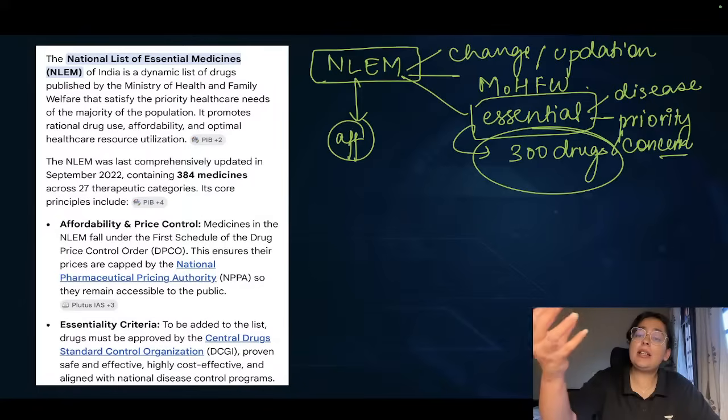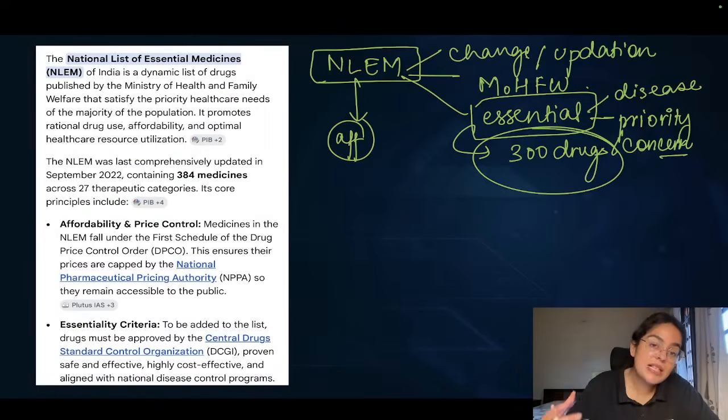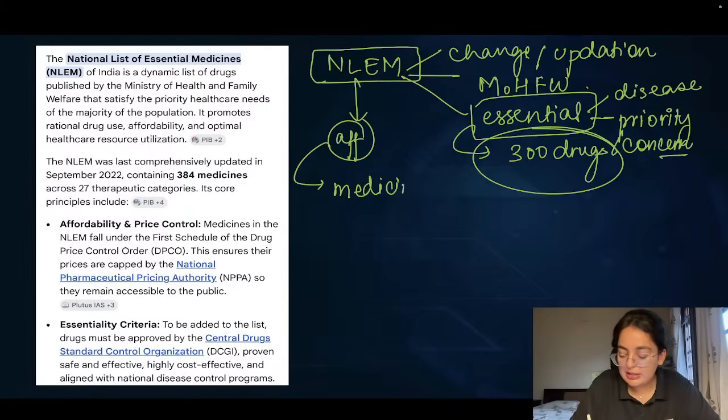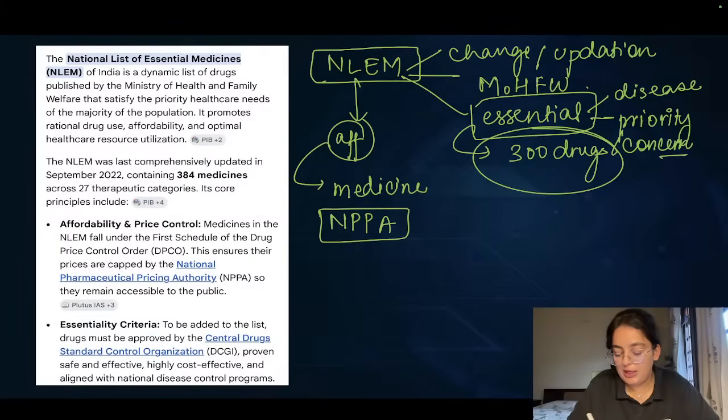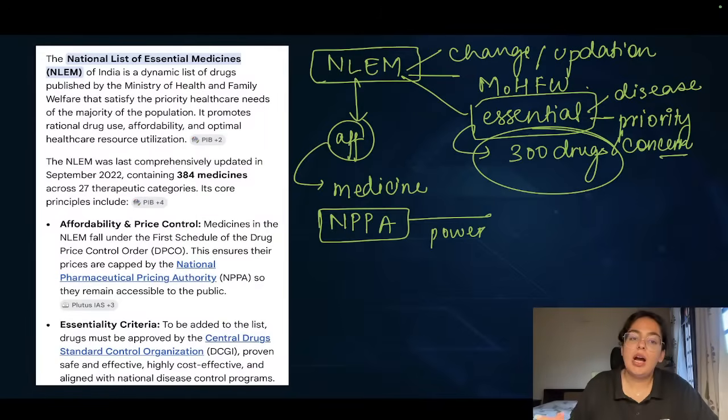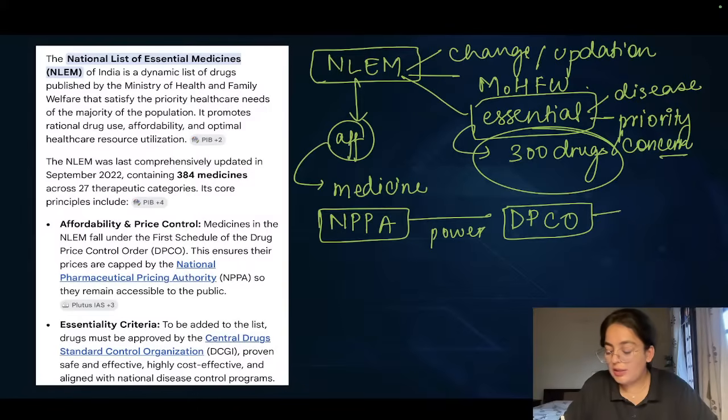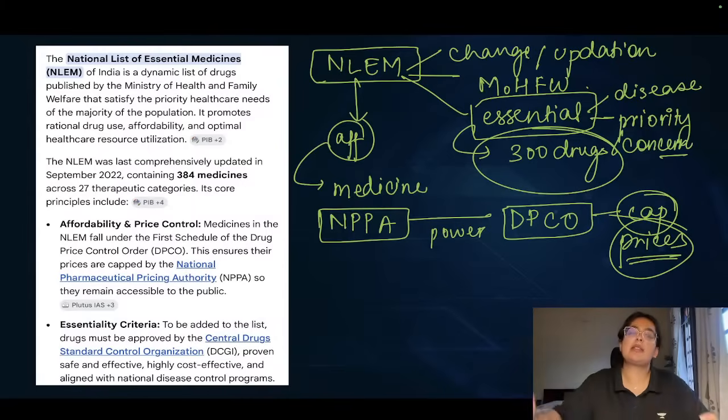Some can be basic disease drugs, some can be life-saving drugs, some can be cancer-related drugs, etc. The idea is that if there is a medicine on this list, then the authority, that is the National Pharmaceutical Pricing Authority, NPPA, gets the power under the Drugs Price Control Order to cap the prices of these drugs.